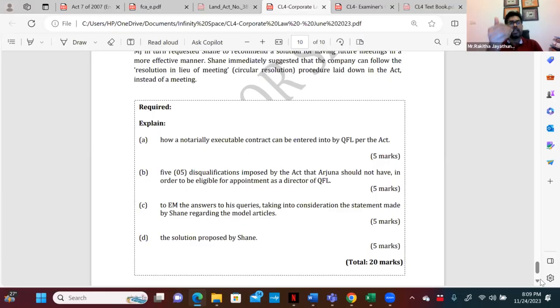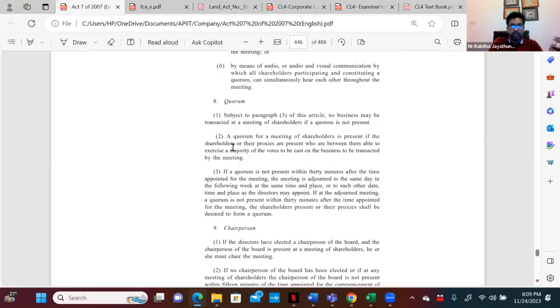Then you explain, since the company has adopted model articles, this part. A quorum for a meeting of shareholders is present as per the model articles if the shareholders or their proxies are present who are between them able to exercise a majority of the votes to be cast.